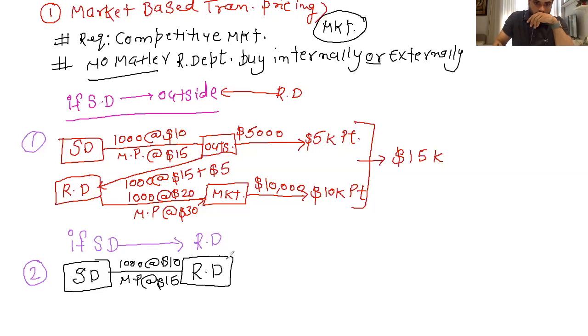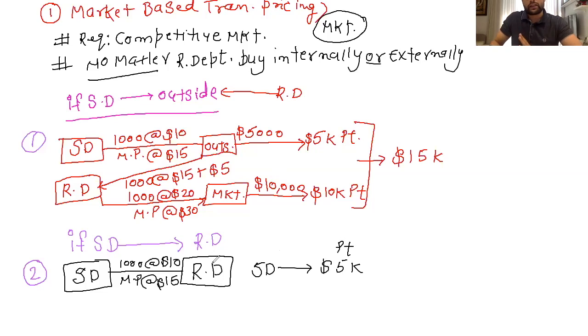So the receiving division is buying from the supply division, which means the supplying division is making a profit of 5,000. This is the profit by the supplying division, because it is the same as here.